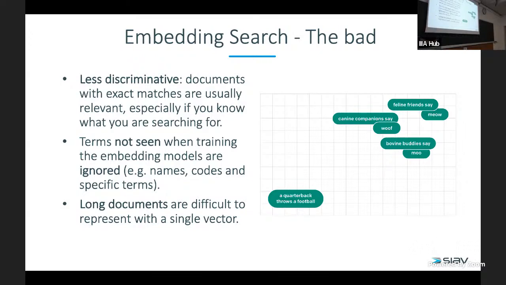And finally, long documents are very difficult to represent with a single vector. You will likely not notice this issue when searching among documents which are a couple of paragraphs long.